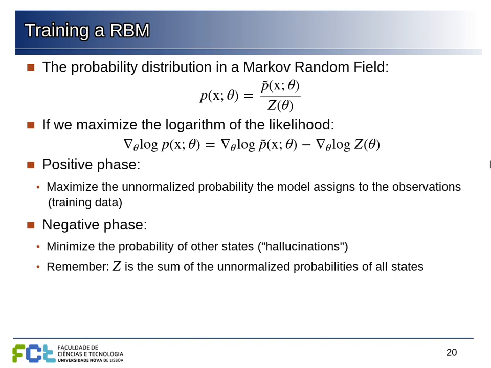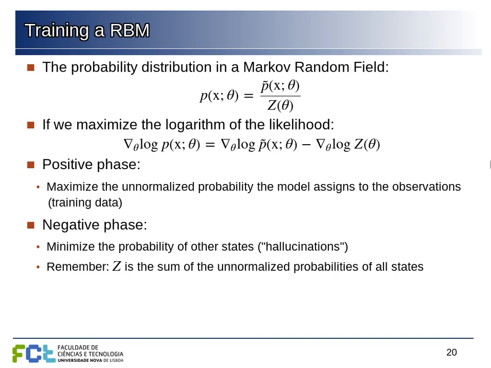So we have this positive phase where we try to maximize the unnormalized probability of the data, and the negative phase where we try to minimize what is often called the hallucination. This would be the model giving values of unnormalized probability that are high for states that never occur. So the model is hallucinating and making things up that don't exist. We have these two phases, positive and negative, that we can alternate. We change things to try to maximize this and also try to minimize that part of the partition function.